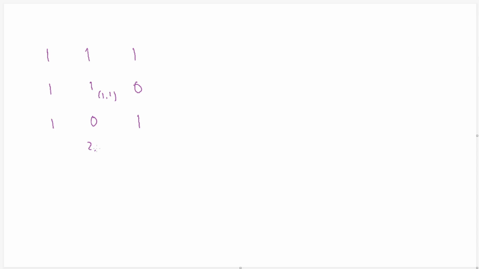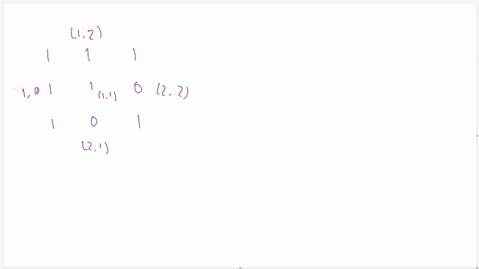This index right here is row 2, column 1. This is row 1, column 2, sorry. This is row 2, column 2. And this is row 0, row 1. Hold on, I feel like I messed up somewhere.